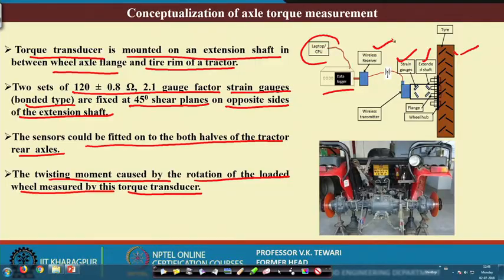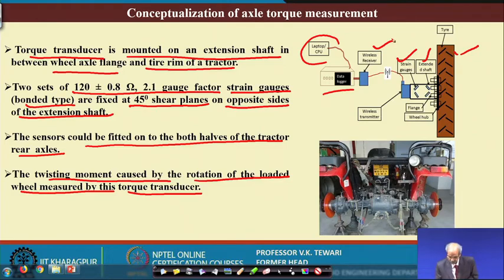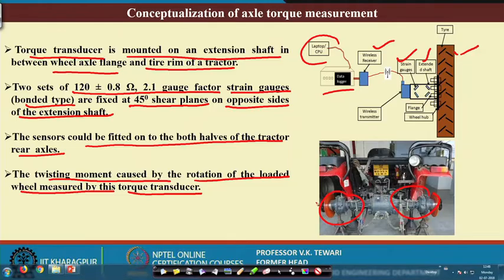So, therefore, there is need for extension, and this extension can be taken from the ones which are already available with you. Once you extend that, you are in a position to fix. Now, here you can see in the actual tractor the arrangements by which you can do this. This has been shown to you only to understand that yes, it is possible to extend this.